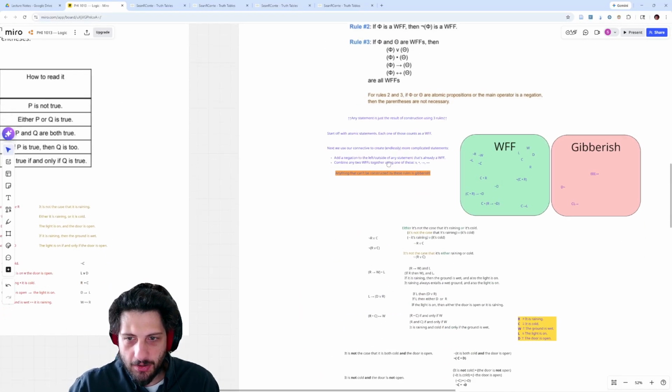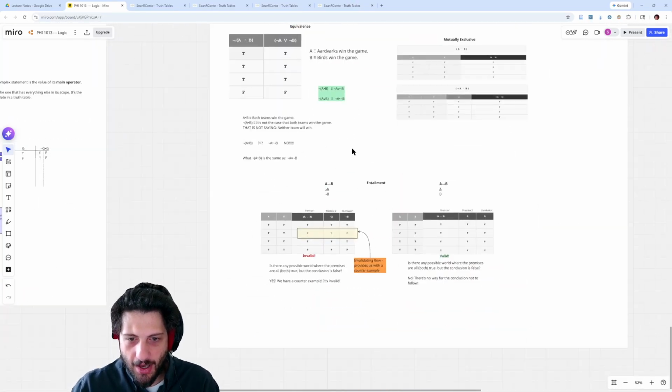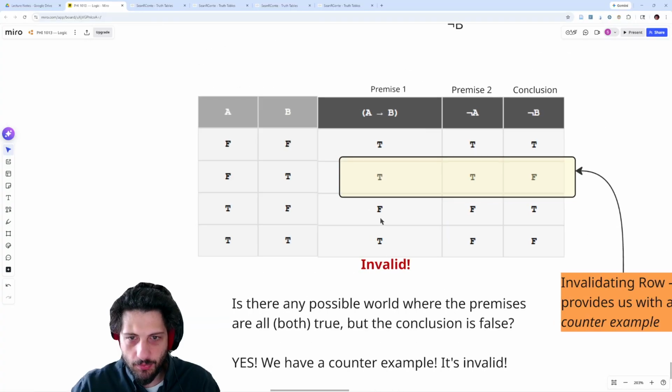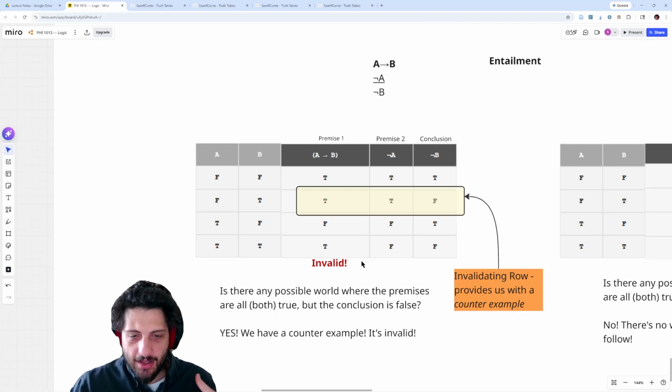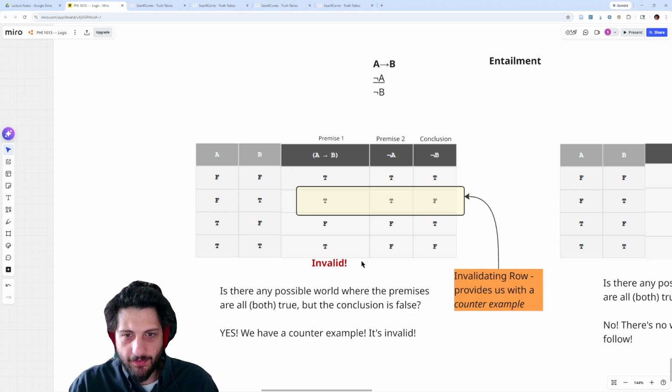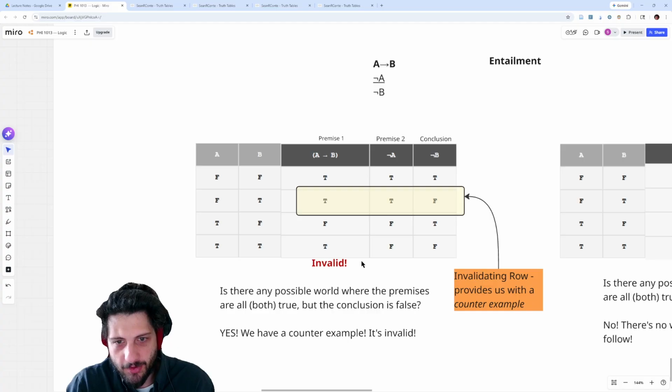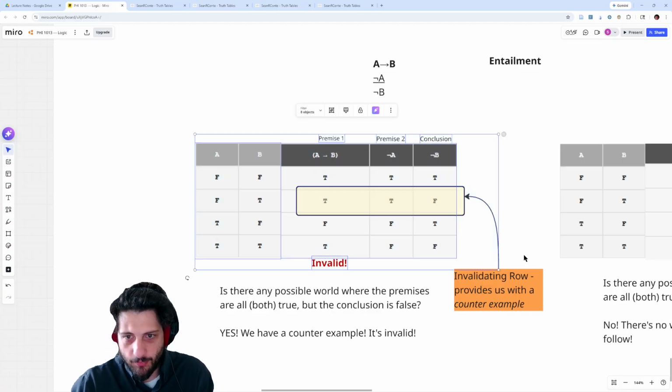The idea was, let's lay out every possible way that the world could go: the world where both A and B are true, the world where A is true but not B, where A is false but B is true, where they're both false. And if validity is about asking whether there is any possible way for the premises to be true and the conclusion false, well, now truth tables give us exactly a way of finding that answer.